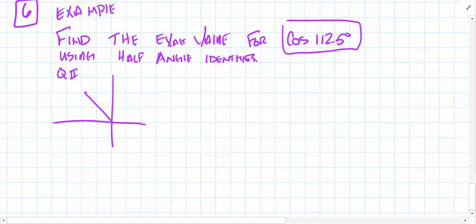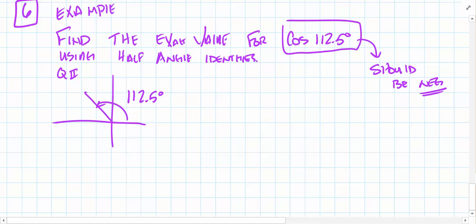So if I draw an angle that's in quadrant number 2 and call it 112.5 degrees, and I want the cosine of this angle, should my answer be positive or negative when I'm all done? Cosines are x values and they're negative in quadrant 2, right? So my answer should be negative.